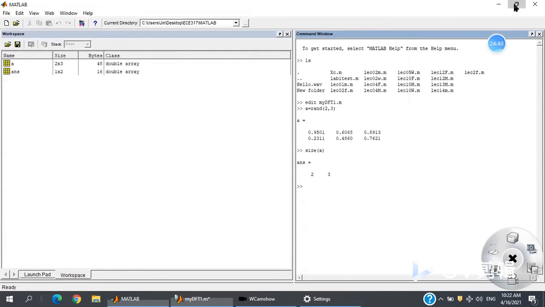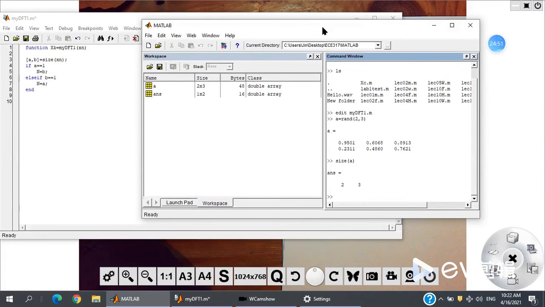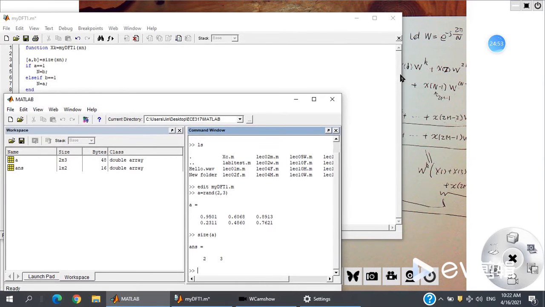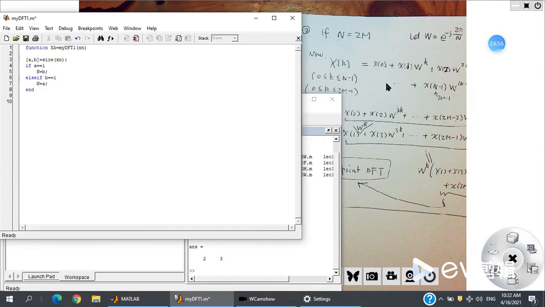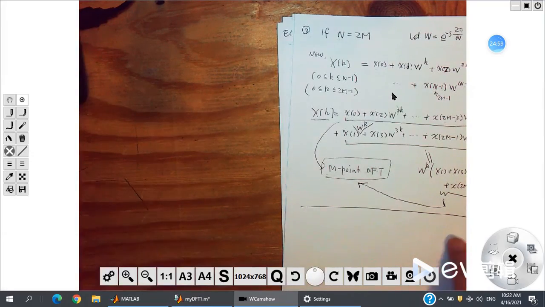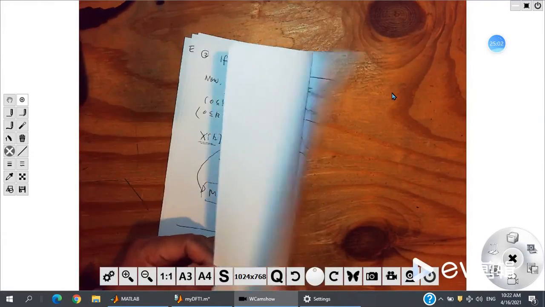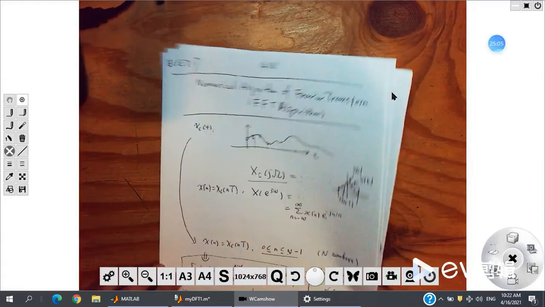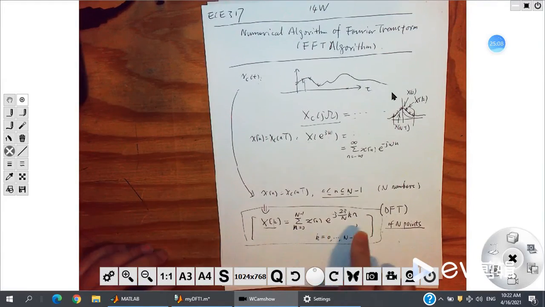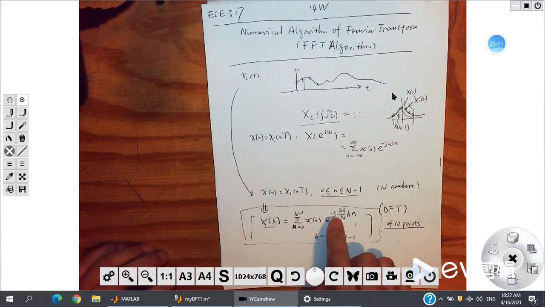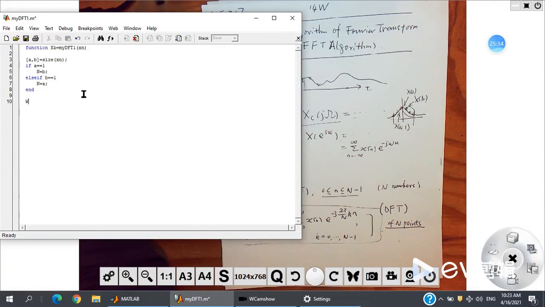Let me show both. Okay, put it here. The formula is just like this. So we want these coefficients times the input values. So y j, j runs from 1 to n.